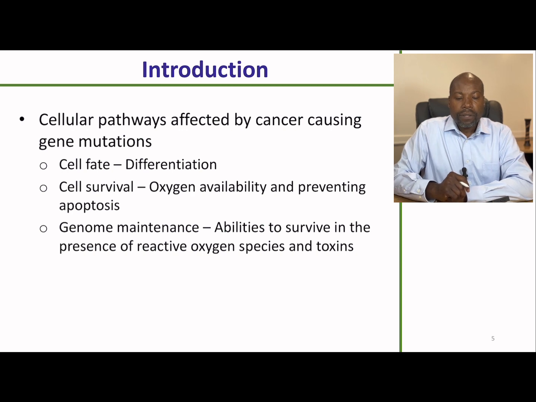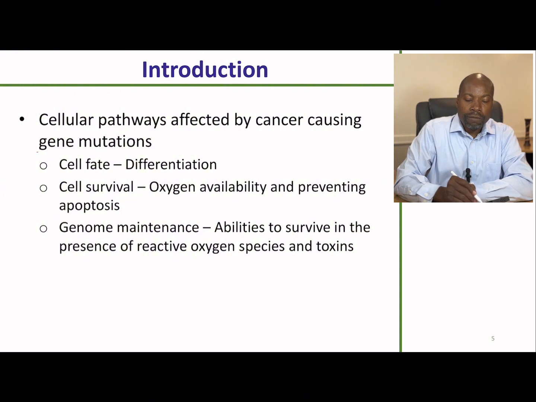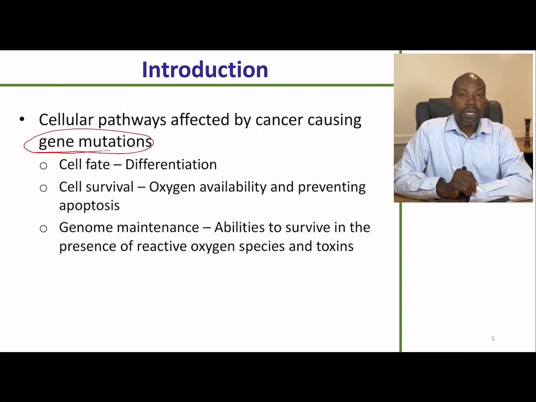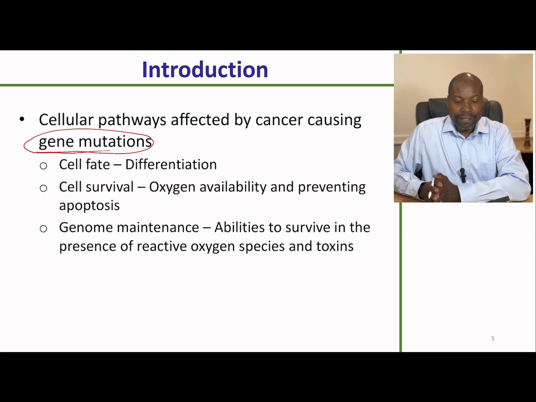All right. So the cellular pathway by which cancer is produced is because of mutations in the genes, right? Now, these mutations are going to ultimately affect the cells.